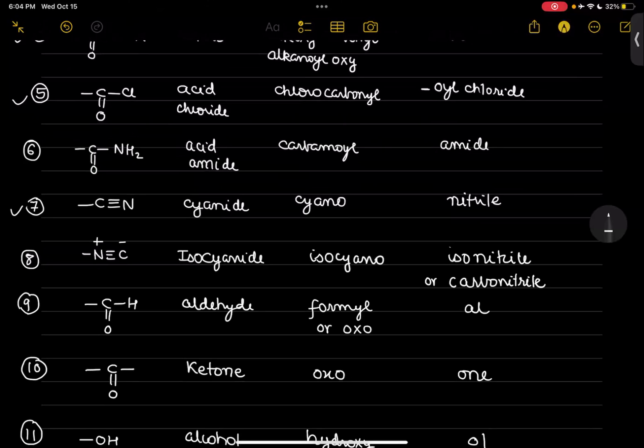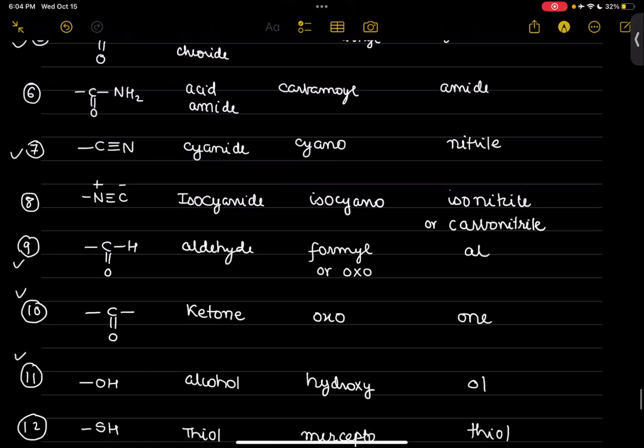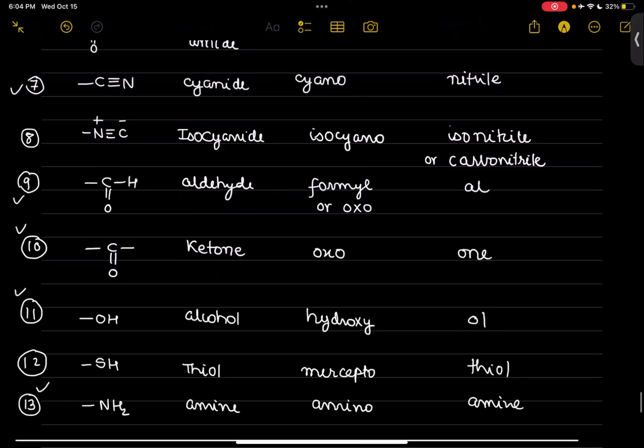Aldehyde and ketone both, alcohols and amines. These functional groups you should remember.